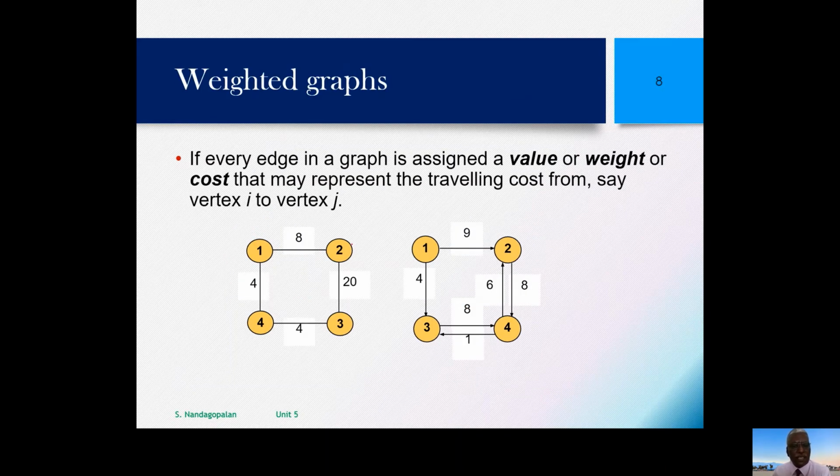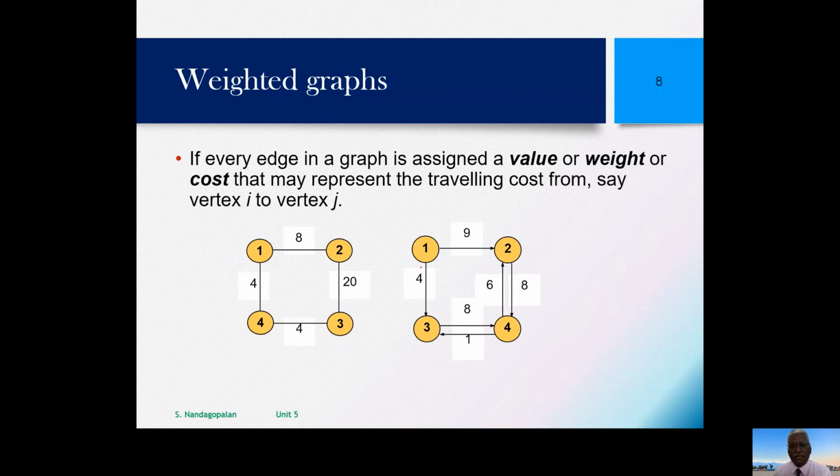So when I say this graph undirected with some weights attached to the edges, like 8 units is the value attached between 1 and 2, and 1 and 4, 3 and 4, 4 and 2, and 3 to 2. So that means traveling from 2 to 3 and 3 to 2, it is same, the cost is same.